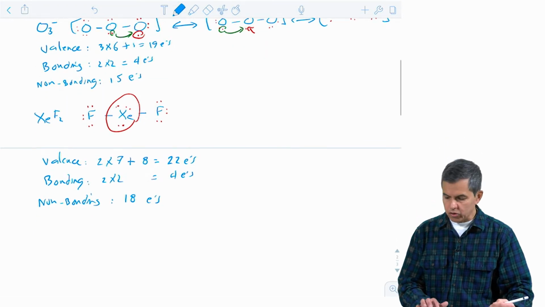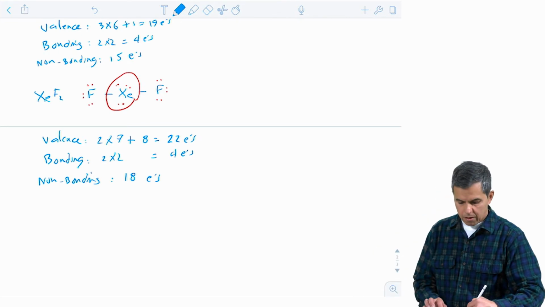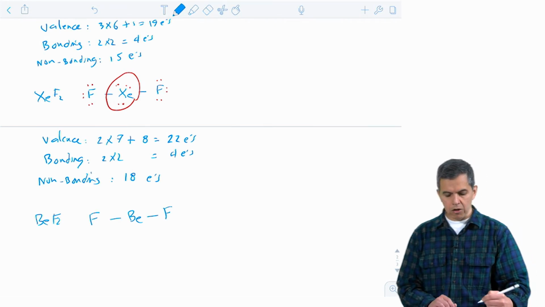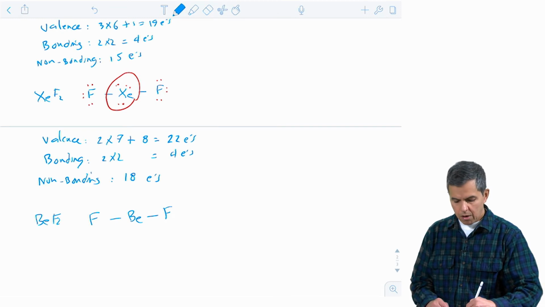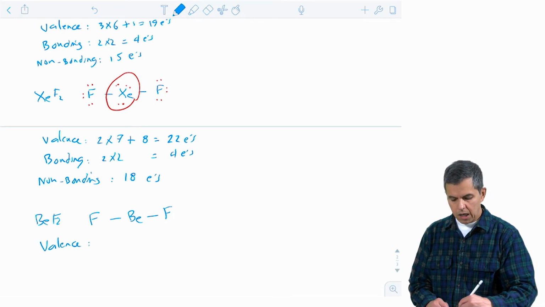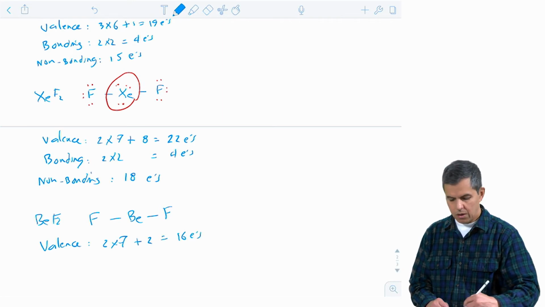Let's work on the third structure. BeF2. Central atom is beryllium, and we have 2 fluorine atoms connected to beryllium. Valence electrons, we have 2 times 7 for each fluorine, plus 2 electrons for beryllium, that's 16 electrons.